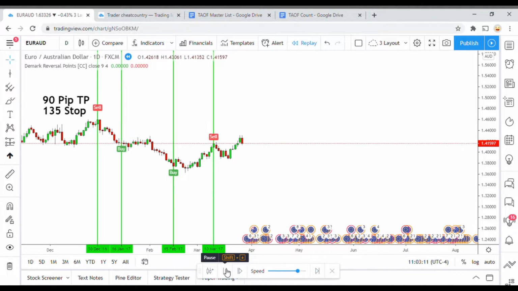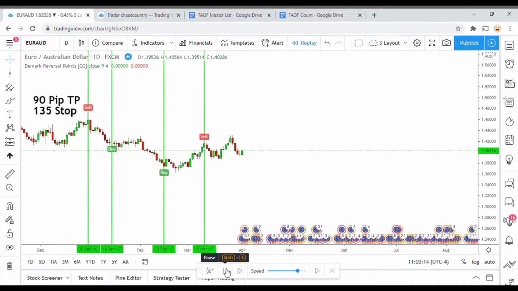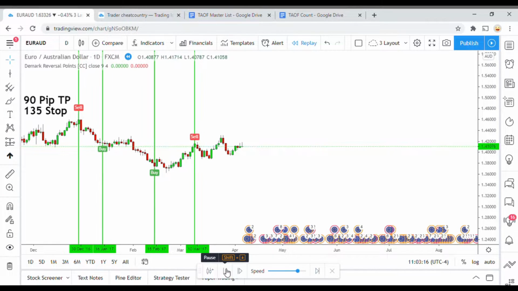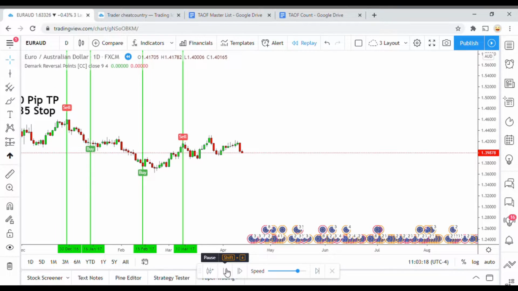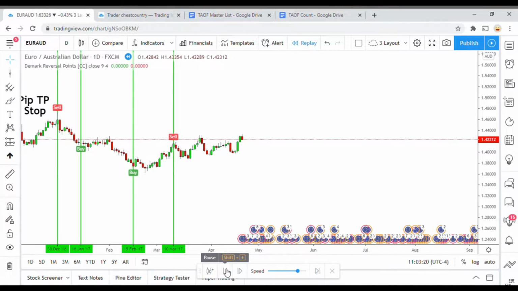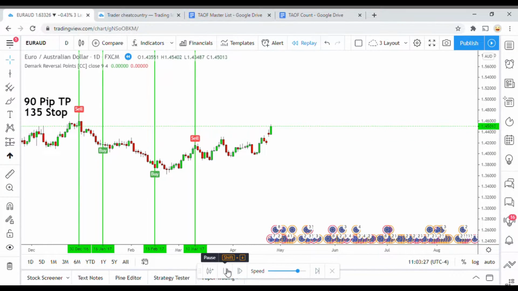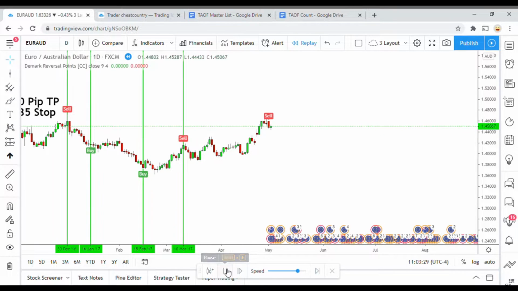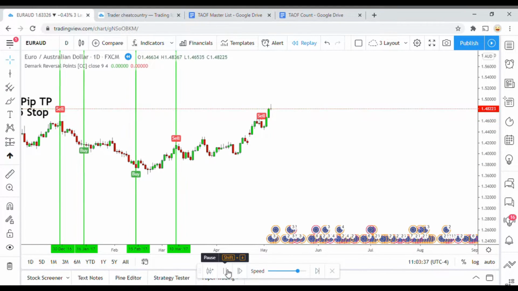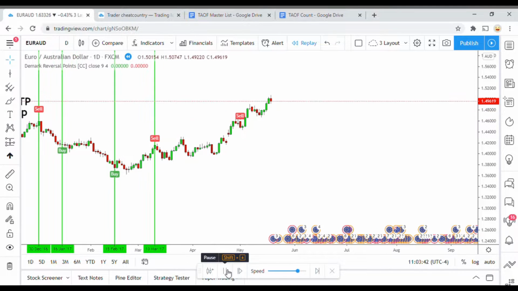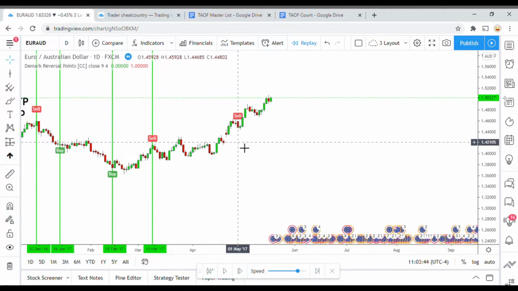It's a little early to tell on this one, but there's something about this one that feels right. So I've never played around with this indicator before. This is the first time that I've pulled it up, first time that I've found it. So it's absolutely new to me, but something about it seems right.